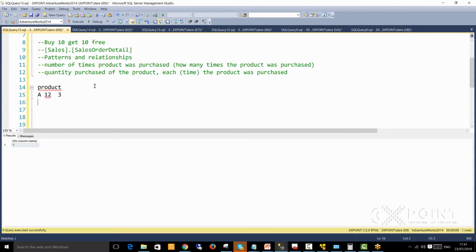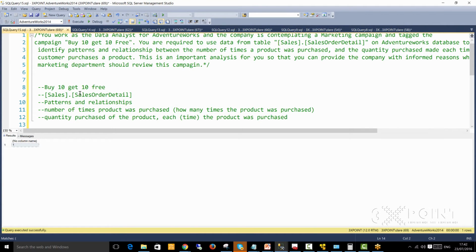So I can also have product A again at another time that was purchased maybe 5 times, and each time they bought 4 of it. This may not entirely be your end answer, but it's just gonna help you get closer to what you're trying to solve. So you can scribble something like that down somewhere. All right, let's see what else.